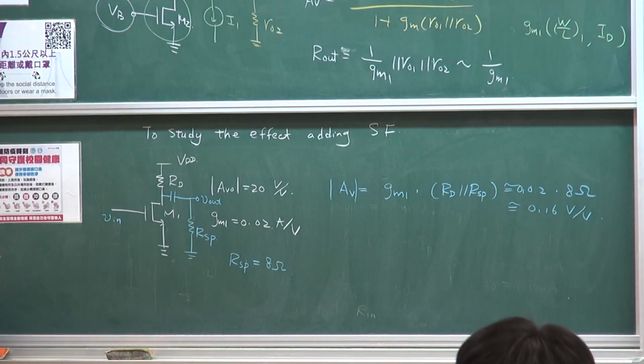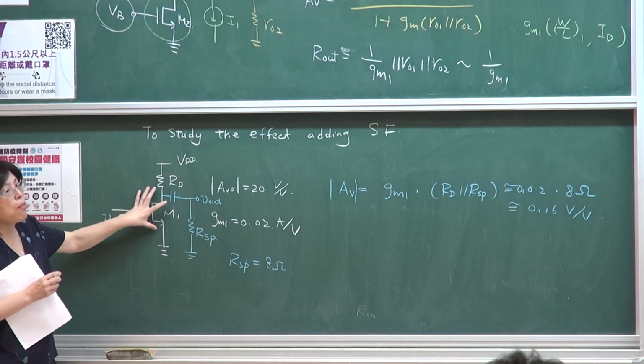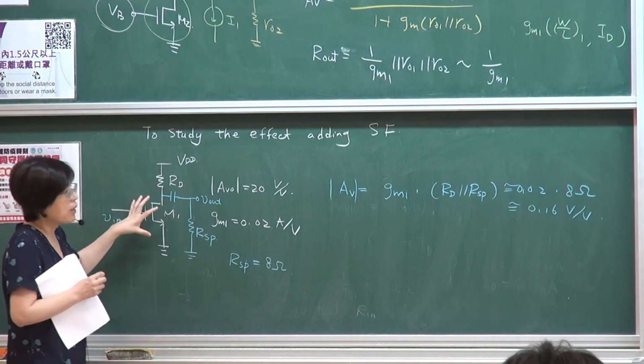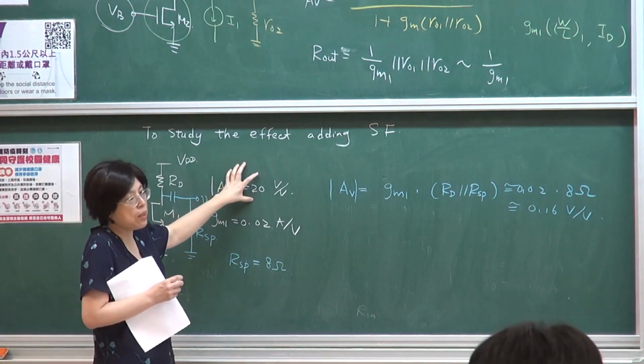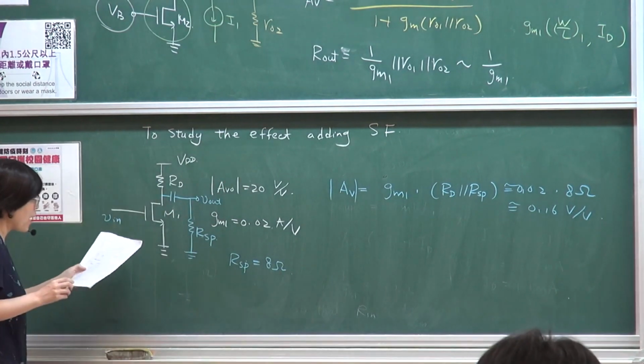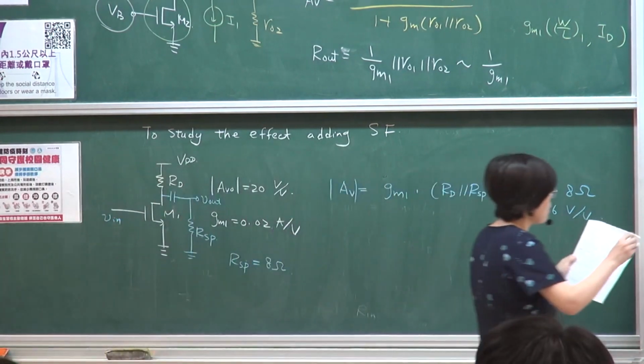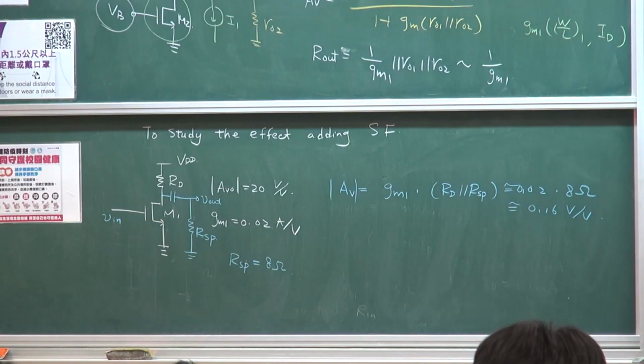So in order to maintain whatever gain we have through this common source stage, to maintain this 20, you add a buffering stage. This will then become a two-stage structure.